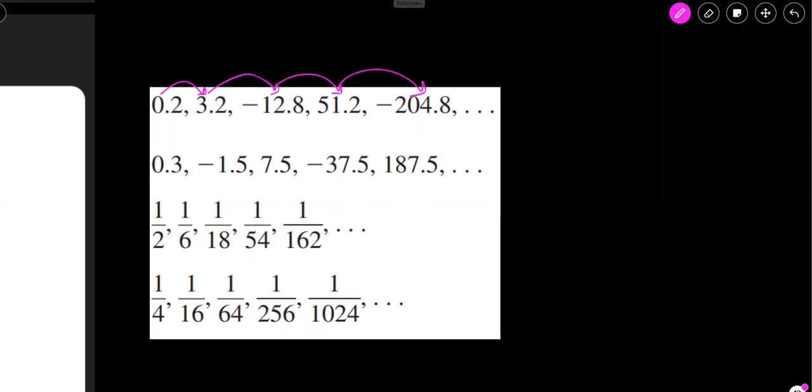One way we can find that is to take any two values that are next to each other, like 3.2 and 0.2, and divide the later value in the sequence by the previous value. So 3.2 divided by 0.2 is going to give me 16. So that's my ratio. I'm multiplying by 16.